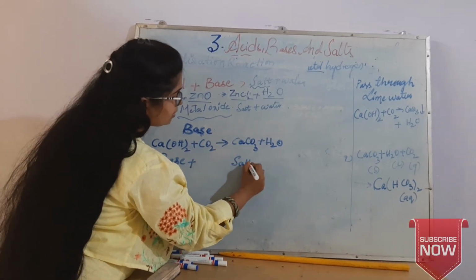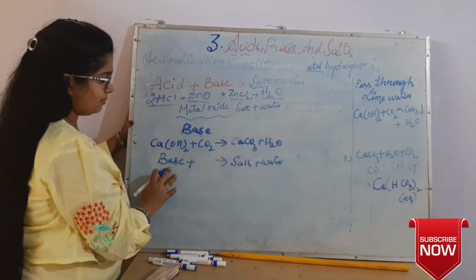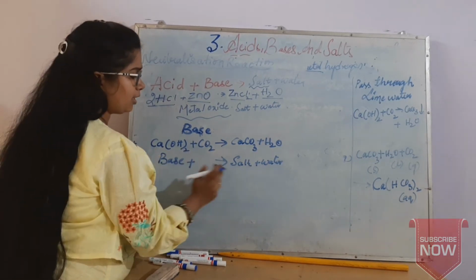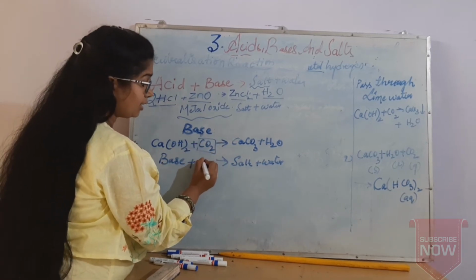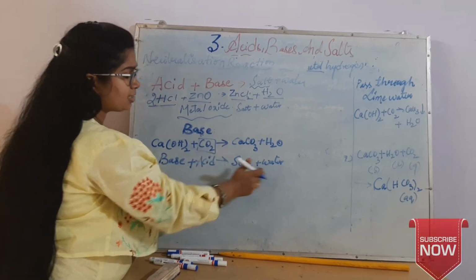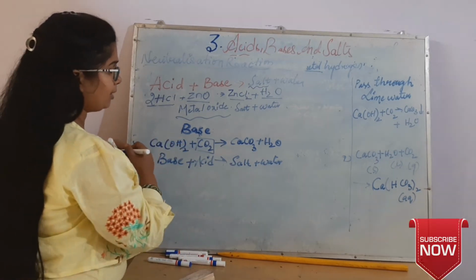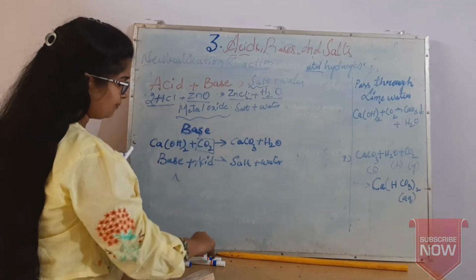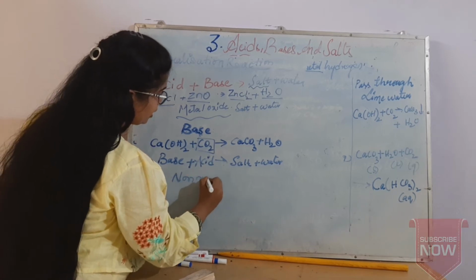This is a base, so what should CO2 be to give salt plus water? CO2 should be an acid, isn't it? That's why base plus acid gives rise to salt plus water. C is carbon, so it is a non-metal oxide.